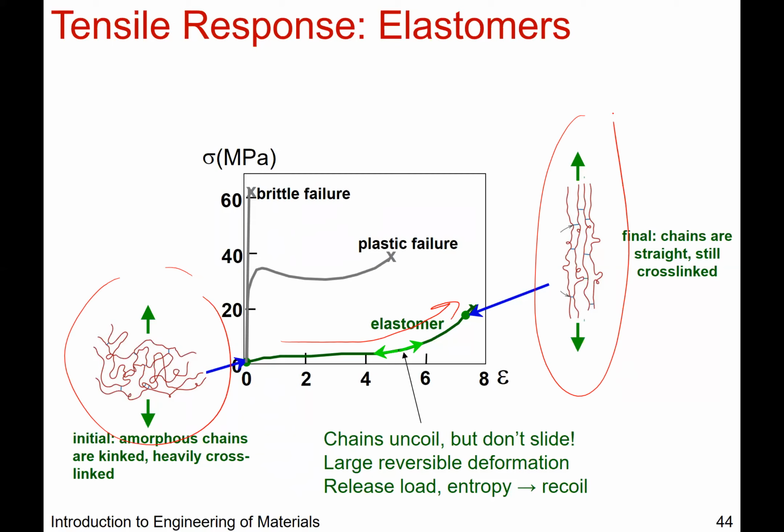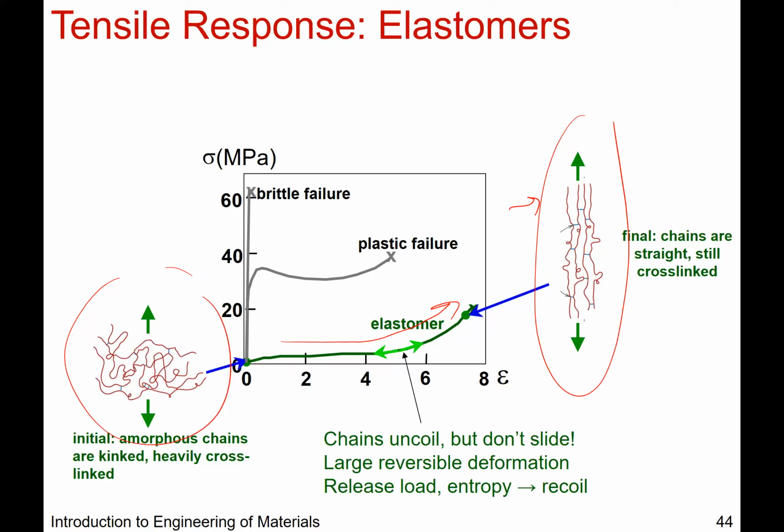And what you can do is elongate this to, let's say, 400% strain, 1,000%, some ridiculous amount of strain. And that's what you see with rubber bands. These types of polymers, you can really stretch them out and they'll go back to how they were. Hair ties are the same way, elastic bands are the same way.